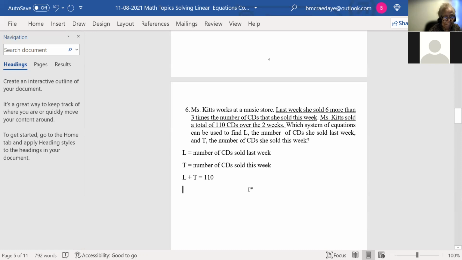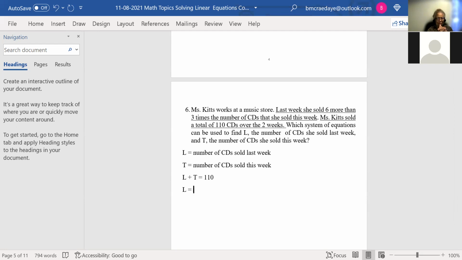Okay. L plus T equals 110. So the next thing we will do is, last week, which is L, so it will be L equals. "6 more than" means what operation?